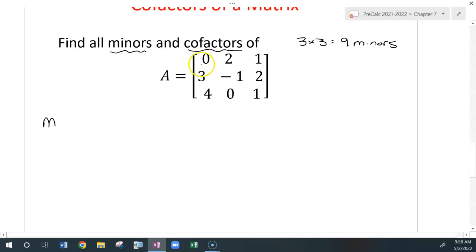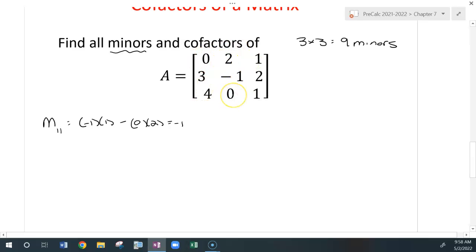So if I'm doing the minor for the 0 here, I'm going to call that 1, 1. And the way this works is I'm going to cross out the column that the 0 is in, and then cross out the row. And then what's left right here, I'm going to pretend that's a matrix, and I'm going to get its determinant. So I'm going to do -1 times 1 minus 0 times 2. That gives me -1. So that's M11.